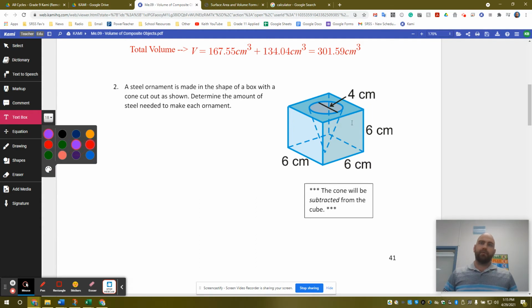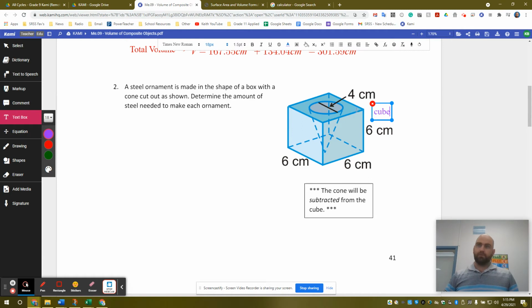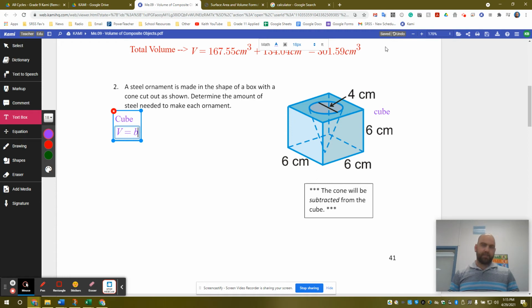So we have a cube. And there's our first one, and I'm going to find the volume of that cube. So we have volume of a rectangular prism or a cube. In this case here is just going to be the base length cubed. That's it. Length times width times height. They're all exactly the same. So I'm just going to do 6 cubed.